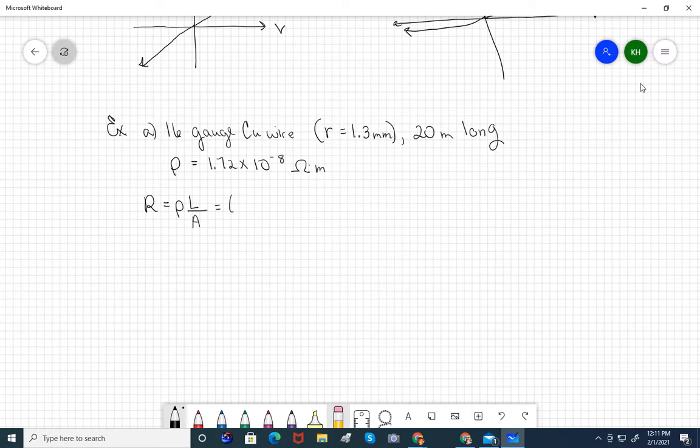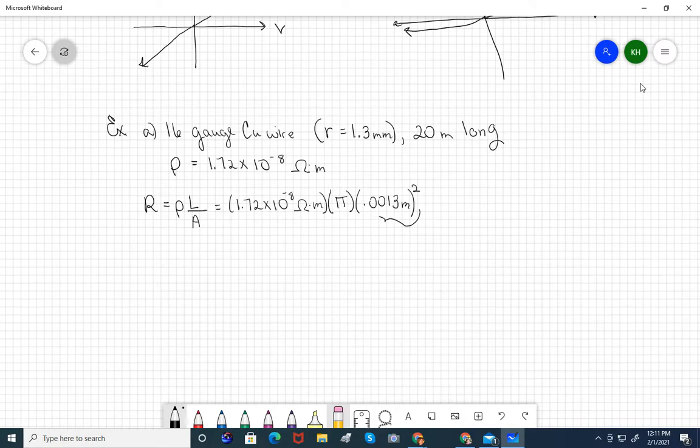So we have 1.72 times 10 to the negative 8 ohm meters. The area of a cylindrical wire is simply pi r squared. So we have pi r squared. Well, 1.3 millimeters is 0.0013 meters, and we have to square it.